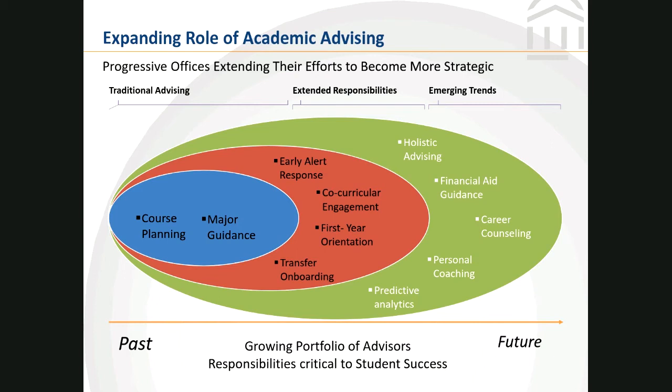But then you might expect a professional advisor to have a much broader sense than that faculty member of the specific co-curricular engagements that might be available to that student on campus or in a surrounding community or nationally, just because they might have a lot more occasion to keep track of possible programs than the individual faculty member would. So I think this slide's really great to think with in terms of trying to imagine how professional advising and faculty mentorship would and really need to work together for student success. So thanks for that slide, Claire.